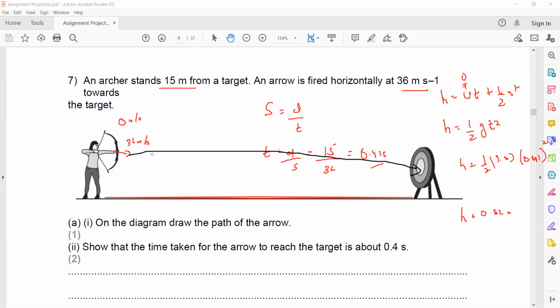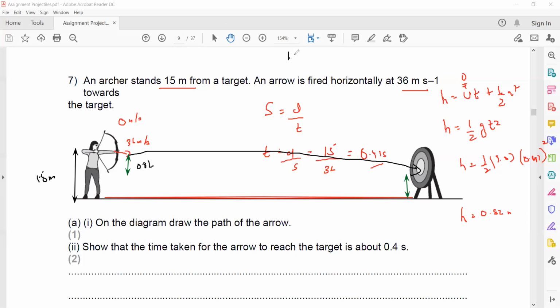But in the question, they did not ask that; they asked the position or the distance of the arrow from the ground. The point where it was released was 1.5 meter. The arrow covered 0.82 meter from the point where it was released, so to find this height we just take the difference.